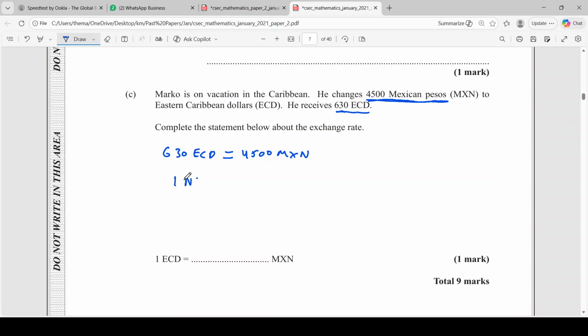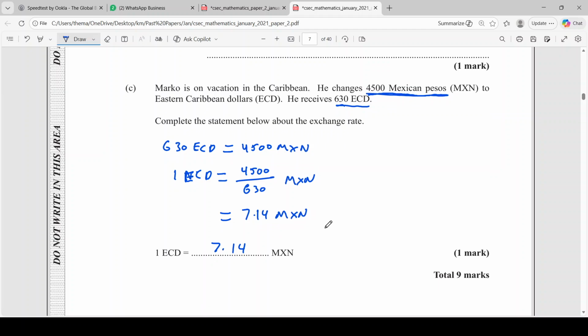So we get 1 ECD. And if we divide by 630 on this side, we do the same thing on this side. And that was 7.14. So our 1 ECD is 7.14 Mexican pesos.